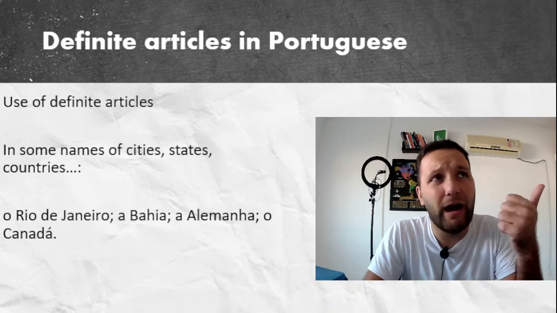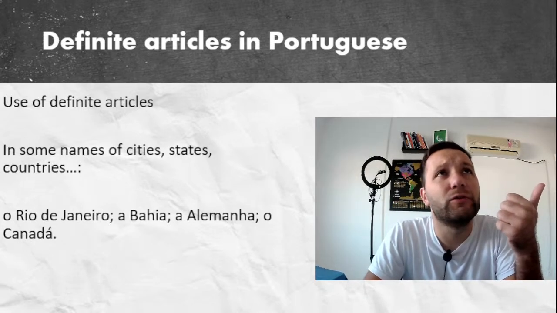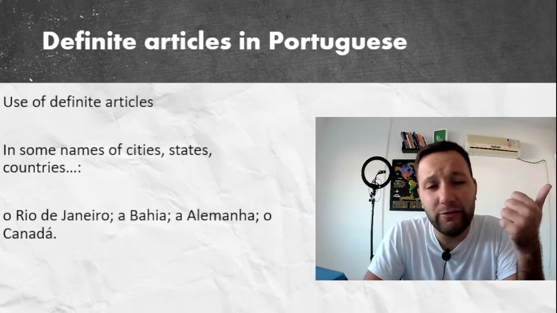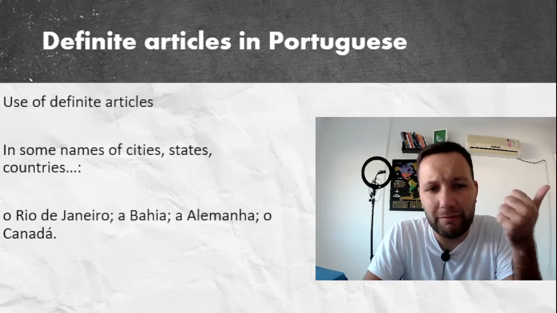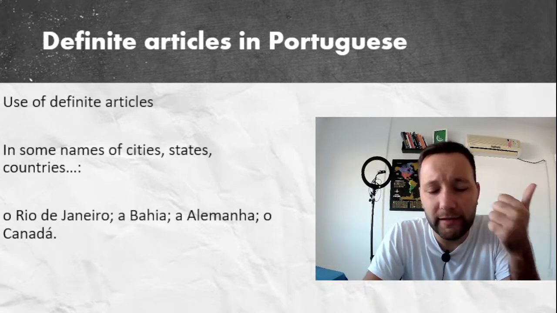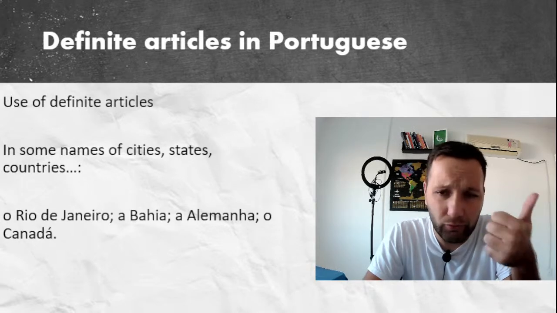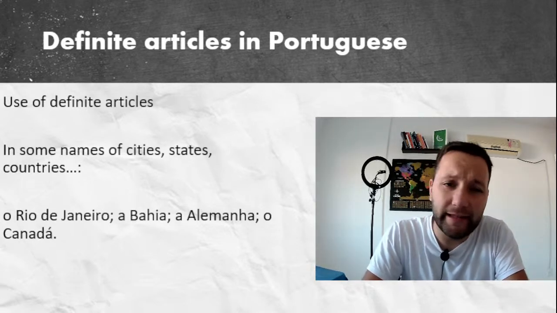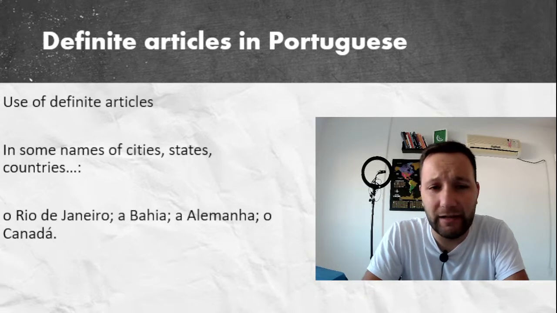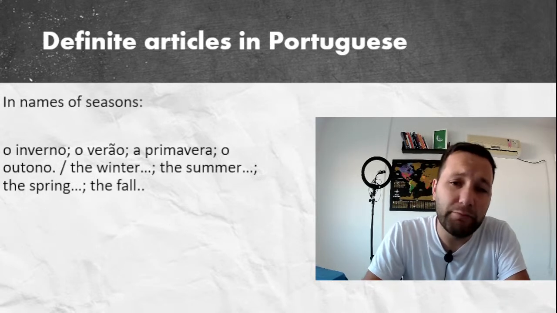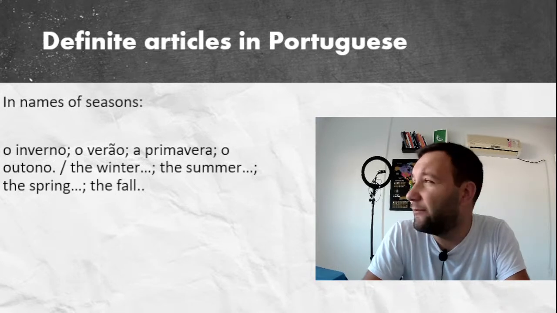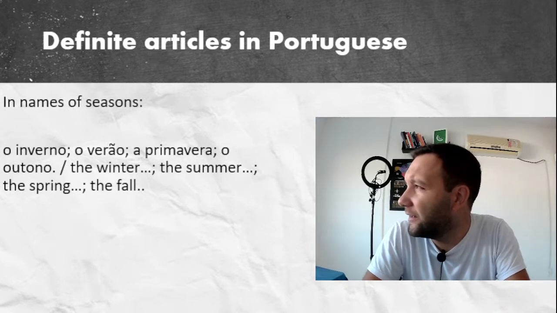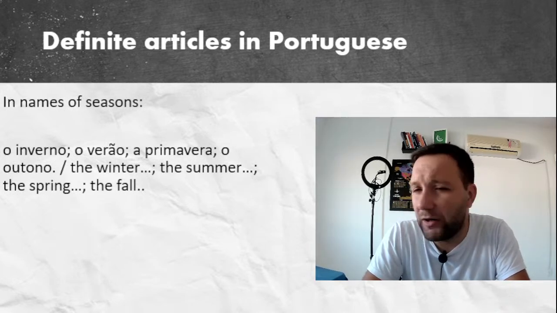Generally talking, all countries, Portugal, yes, I would say all countries that I remember, always we have to use the definitive articles. O Brasil, a Argentina, okay? Cities, there are some exceptions, but the countries always use. In names of the seasons, always we say, for example, here in Brazil we are in the autumn, or the fall.